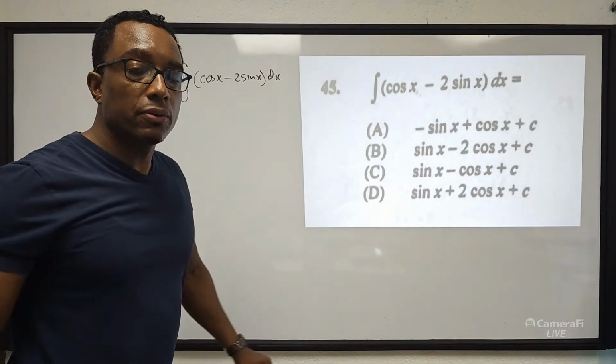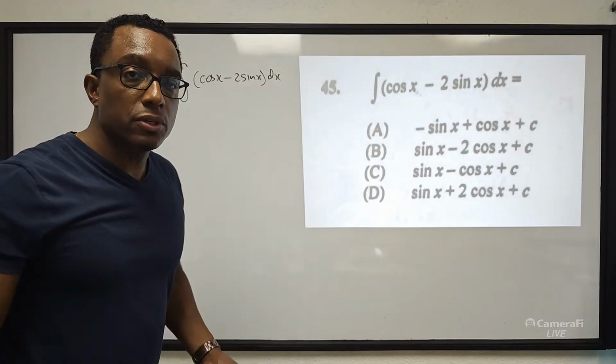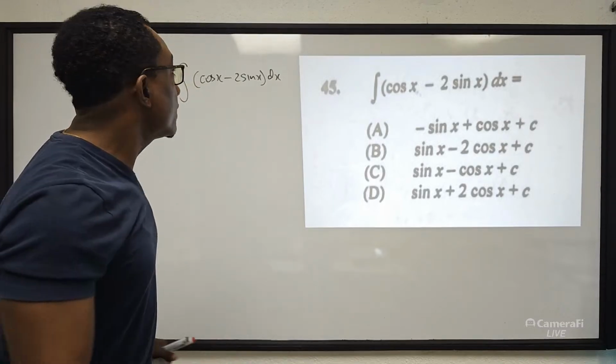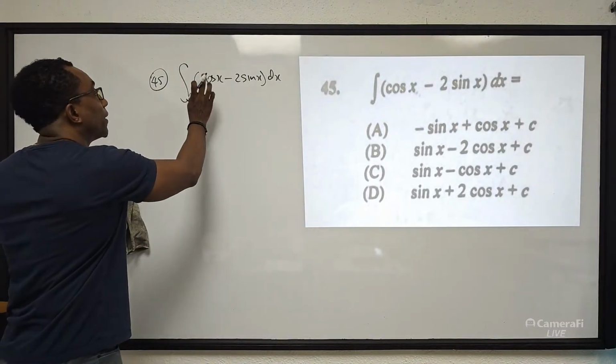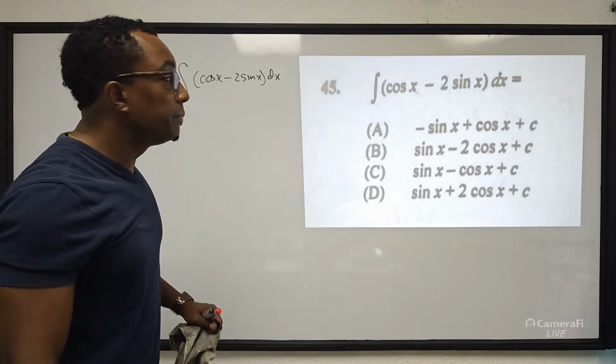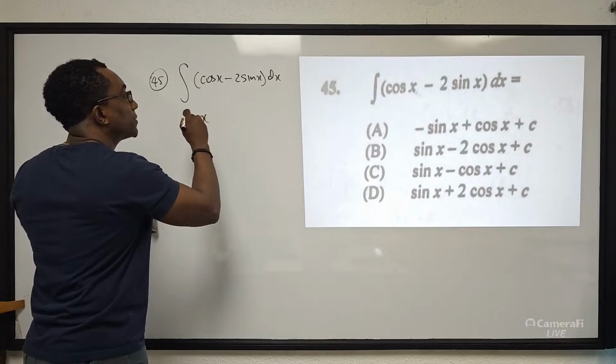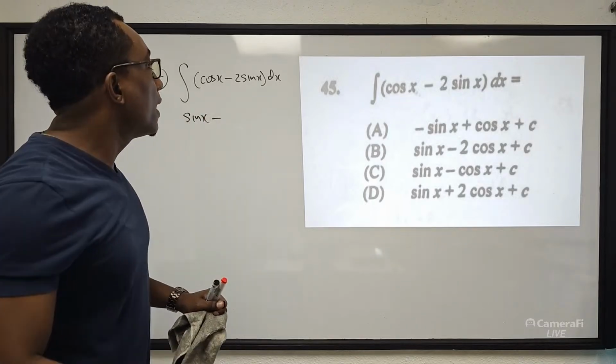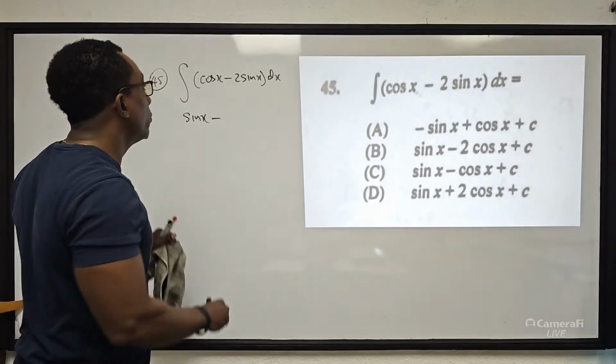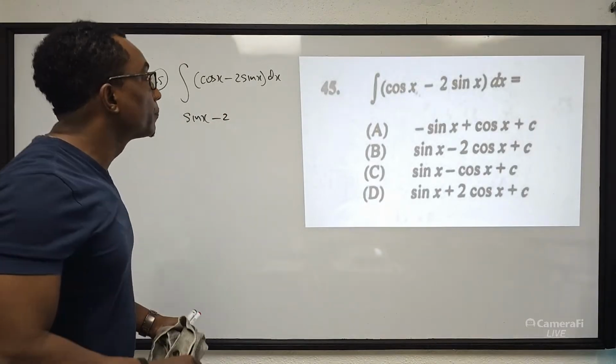Again, we want to integrate that. So we drop our integral symbol and dx, and let's integrate. The integral of cos of the angle will be sine of the angle, and let's integrate 2 sine x. Of course, I hold my negative 2.